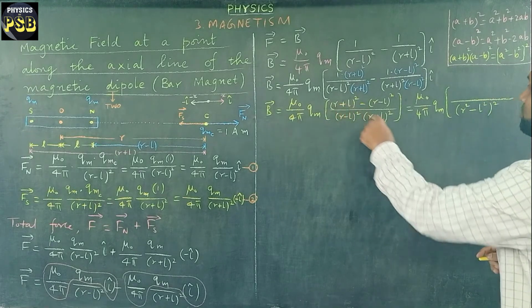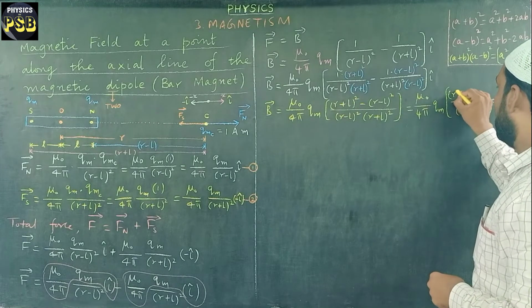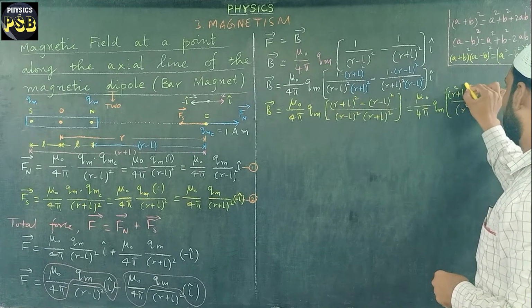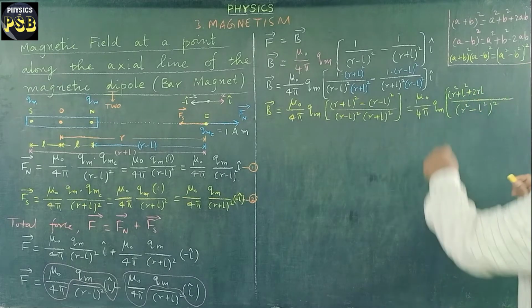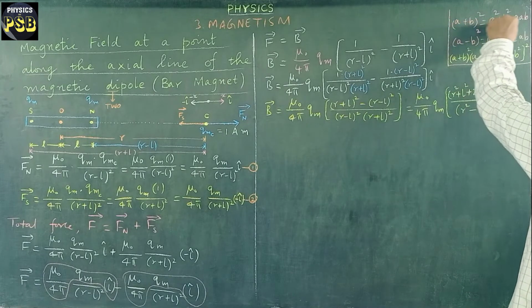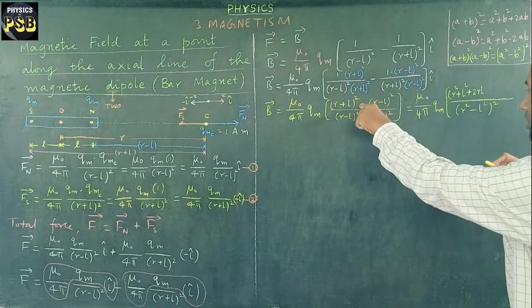Whereas here it is expanded as r square plus l square plus 2rl using this equation. Clear? In a similar way, we have minus.